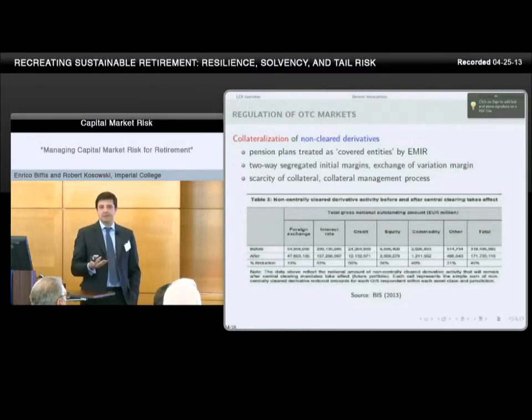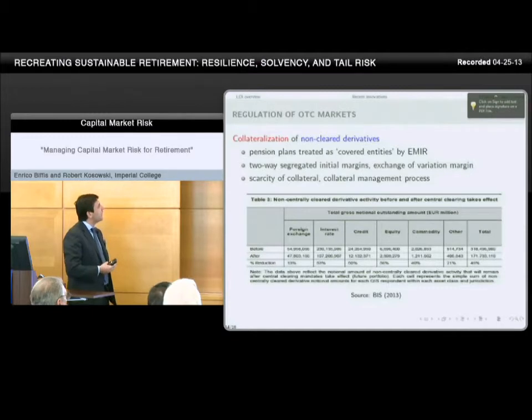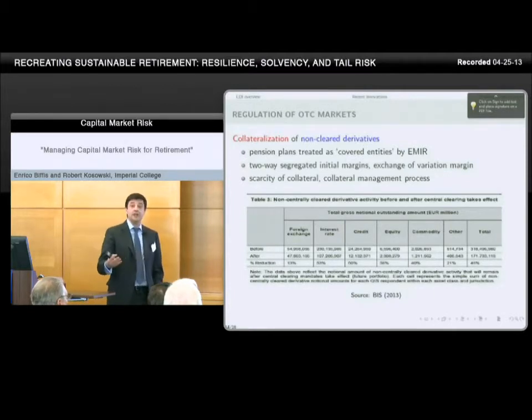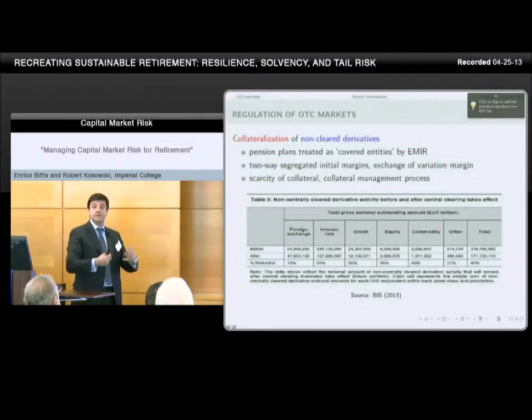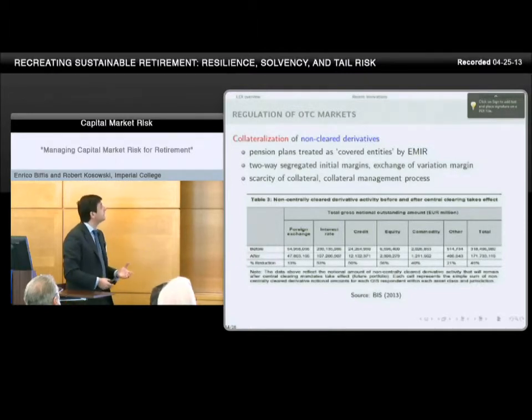What is EMIR saying, for example, about pension plans? Well, they're going to be treated as financial counterparties, as covered entities. What does it mean? That means that instead of negotiating a CSA, a credit support annex, between counterparties, optimally, given the specific needs of the counterparties and the transaction we are talking about, there's going to be some more standardization. What does the standardization mean? We're going to have two-way segregated initial margins.